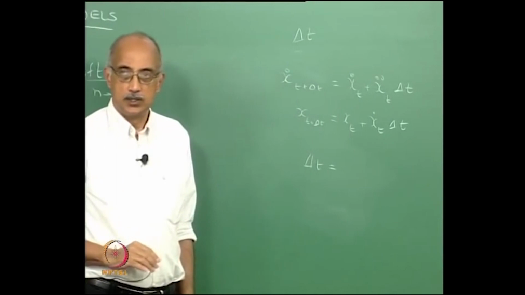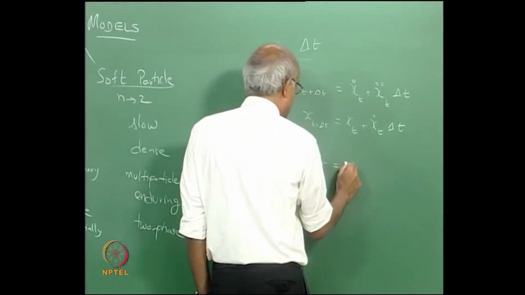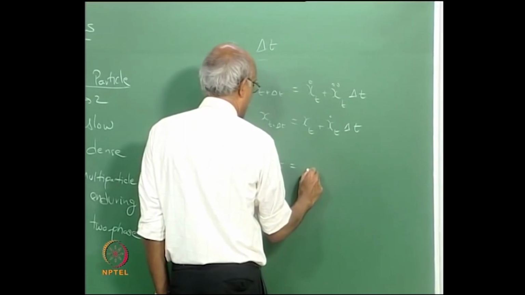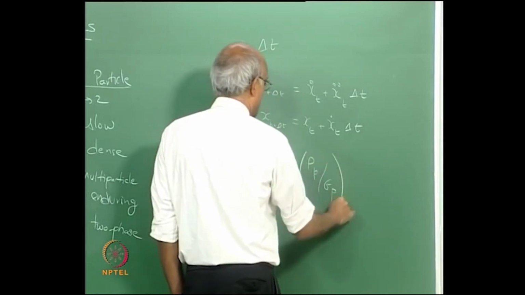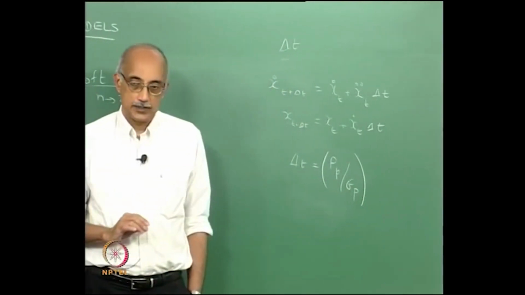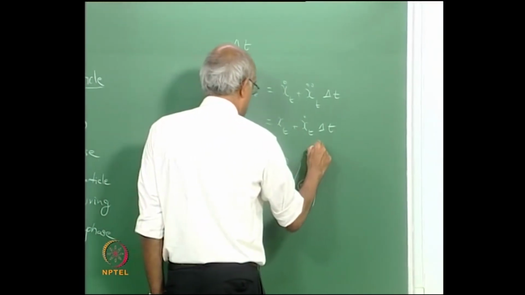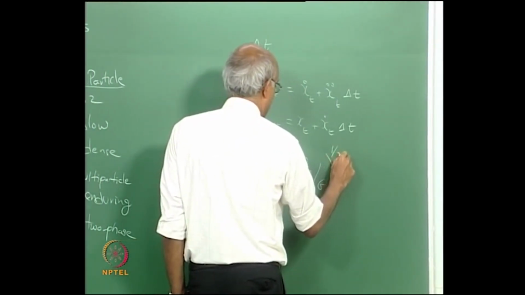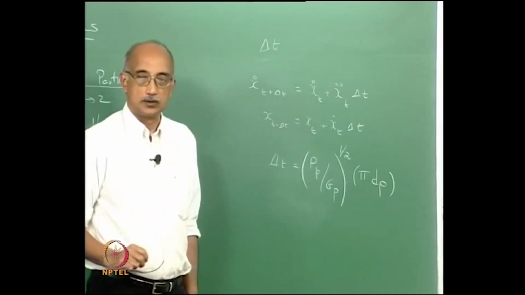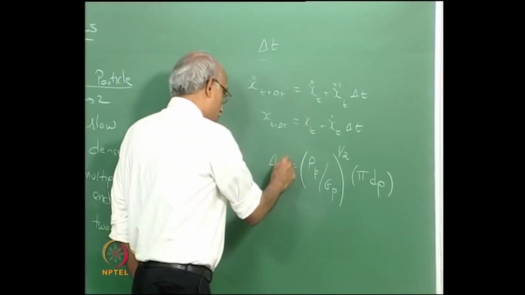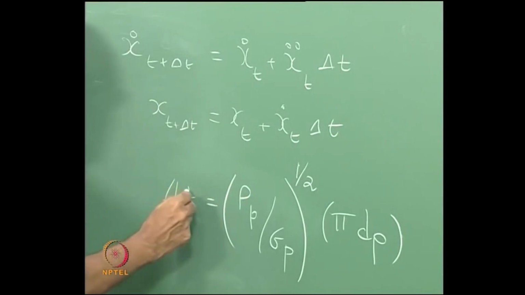This delta t itself turns out is very much related to two parameters, that is the density of the particle and its shear modulus. In fact, delta t is set as (rho p over G p) to the power half times pi d p, where d p is the diameter of the particle. It is suggested that the time step that you take be suitably customized based on the particle density, the shear modulus, as well as the diameter of the particle.